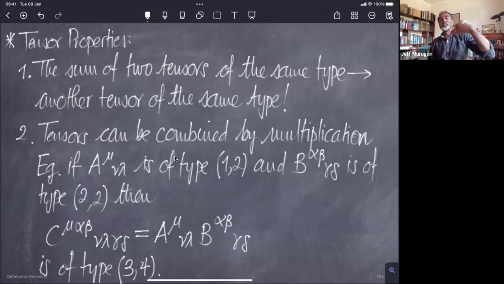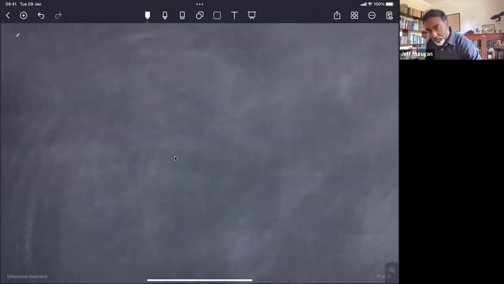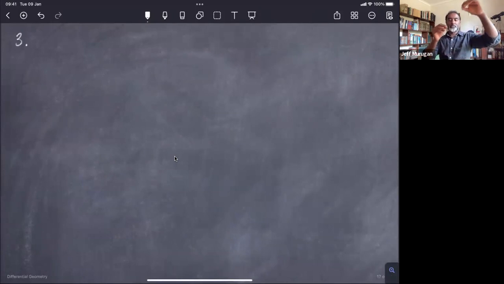So that's how we increase the rank of a tensor, right? And then finally, I can reduce the rank of a tensor by an operation known as contraction. What contraction is, is setting pairs of indices, and it's important that the pairs be one up, one down, equal to each other, and then summing.